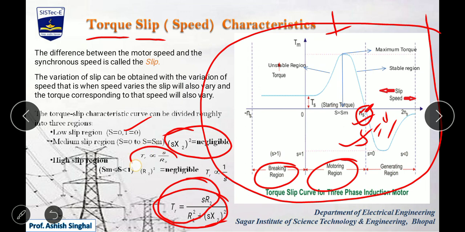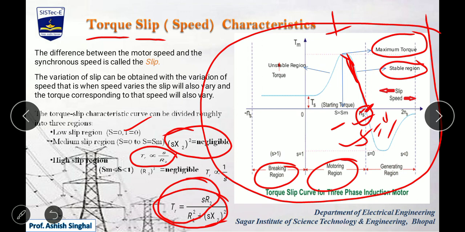Here the torque is proportional to S. Now my graph will be going straight. It linearly increases, so I call it the stable region. It reaches the maximum point where I get the maximum torque, here the slip is maximum.